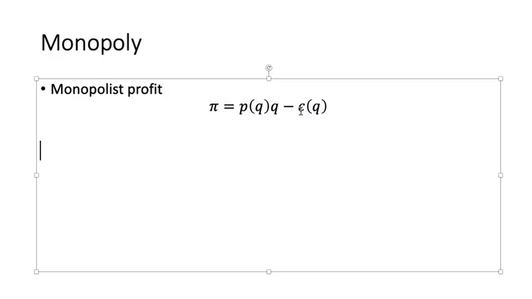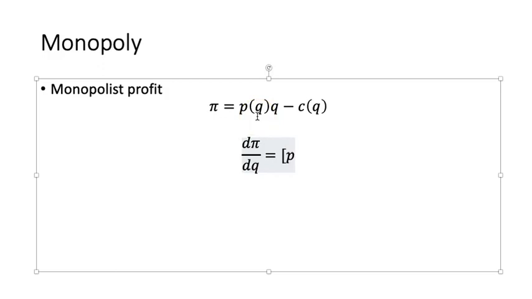To do that, you just have to take the partial. You already know this: we have the partial of pi with respect to Q, or since it's a single-variable function, you can just write dπ/dQ equals, and as you know, this is a product of two functions, so we have to follow the product rule.